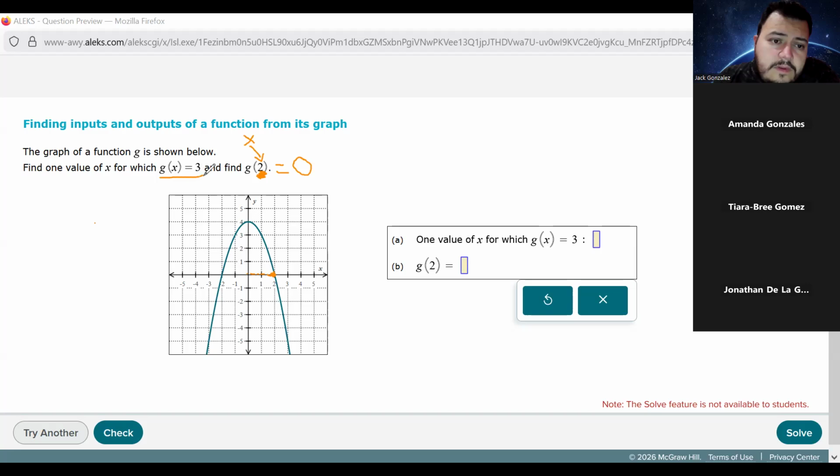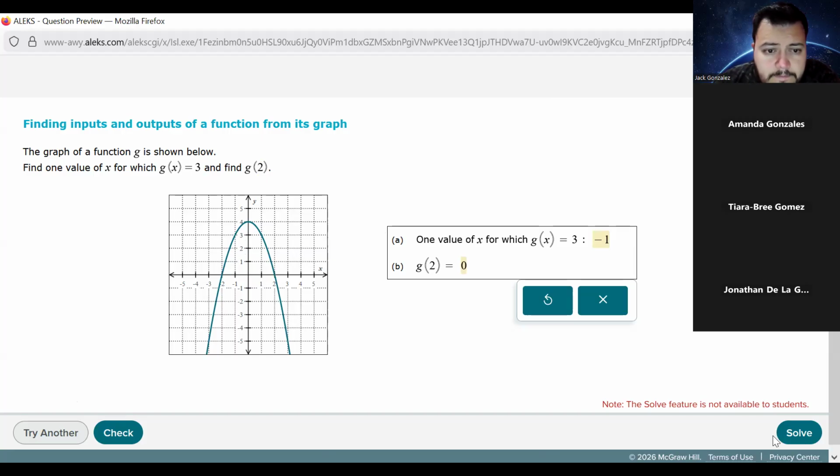If they write it this way, they mean the y is equal to 3, and the y is equal to 3 at 2 different x values. So you would say that happens at 2 and -2. Does that make sense or not? Sorry, negative.